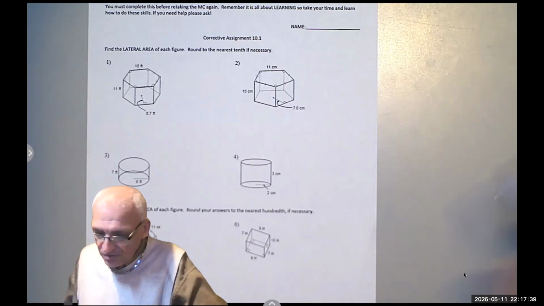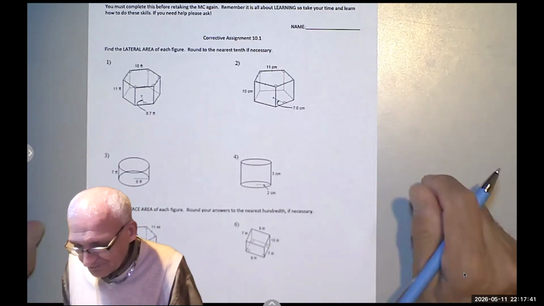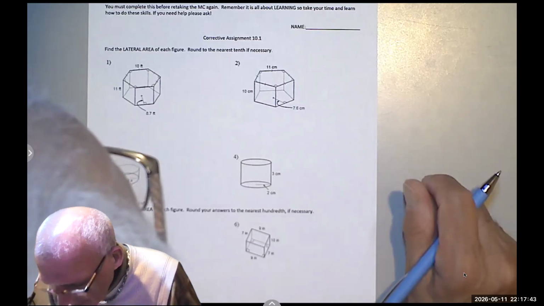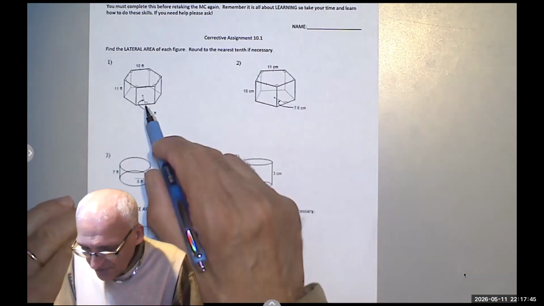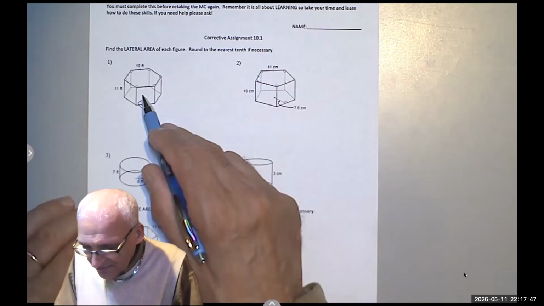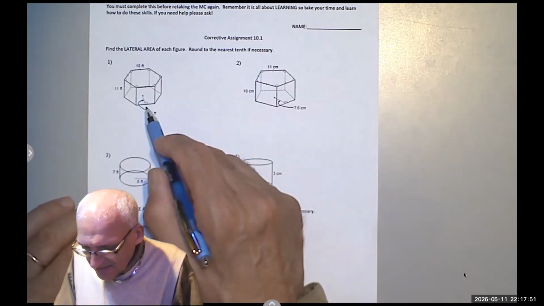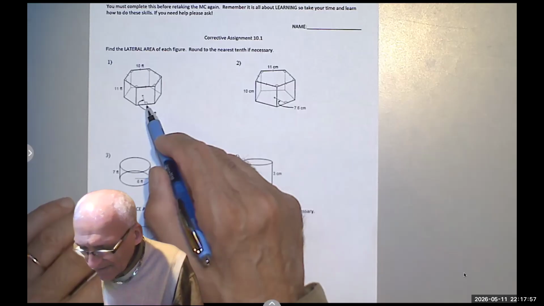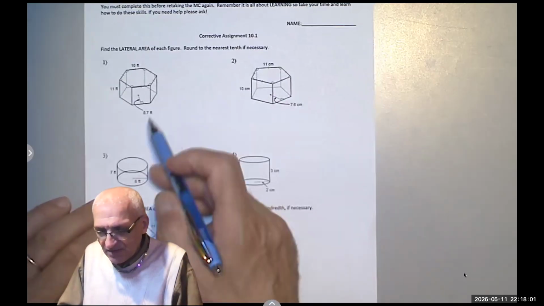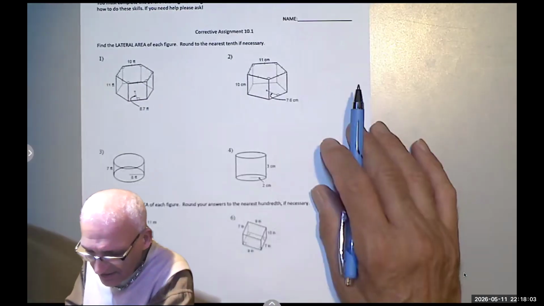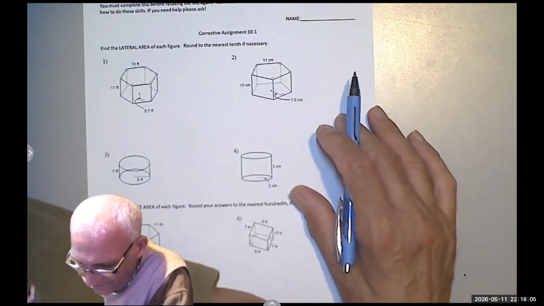Okay, so what we have here. Well, I think they give you this height from the center of the hexagon to the base. Okay, it doesn't matter. This thing is irrelevant, really.